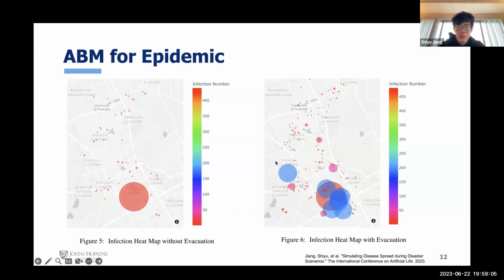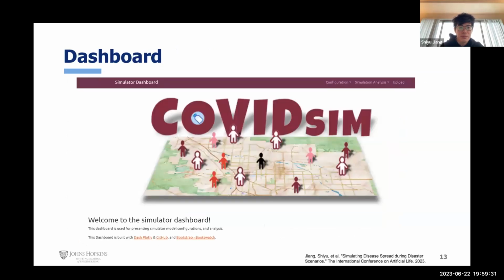The blue points represent the evacuation points, and the red points appear because after the evacuation, those infected agents are spreading out and keep infecting other agents around those areas.